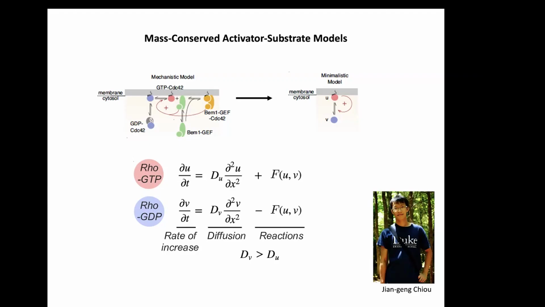And the GDP form will change by diffusion and a biochemistry that's linked by mass conservation. This is presumably where you will have this substrate depletion. That's correct. That is critical for the whole thing to work. That's right. So the U will get depleted. The V will get depleted, sorry. And then, of course, diffusion in the cytoplasm is much faster than in the membrane.